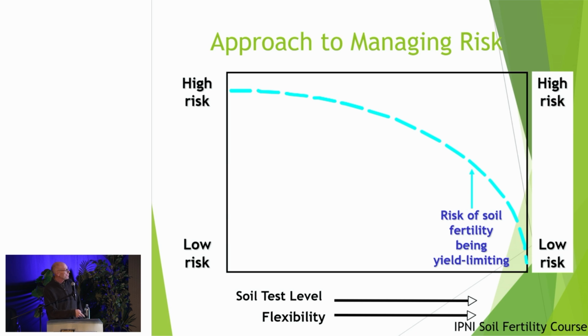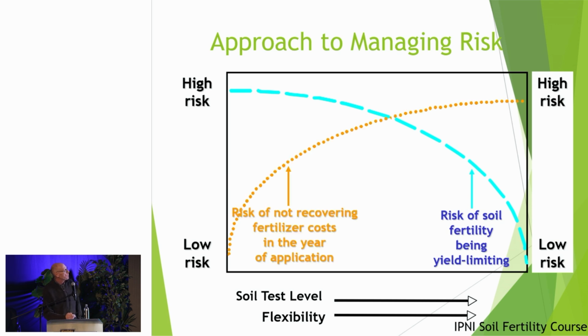So as soil test levels increase, the risk of soil fertility limiting yield is quite reduced. If the soil test levels are low, well, then there's a higher risk that yields might be limited. So you say, well, give that to me. That's what I want to have. But the next part is, well, this is the cost. This is the risk of recovering those fertilizer costs in that year of application.